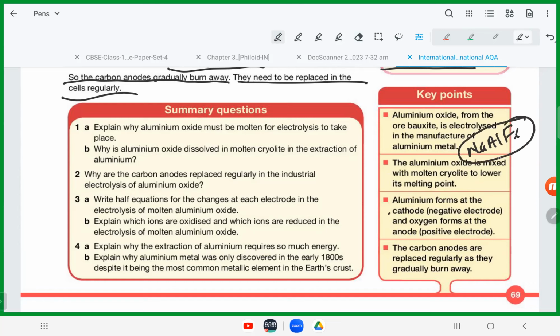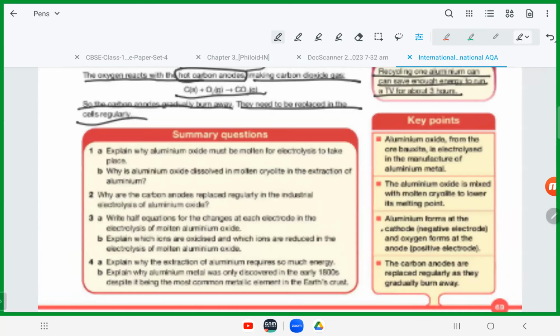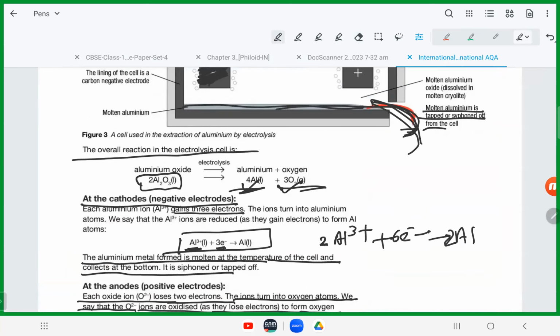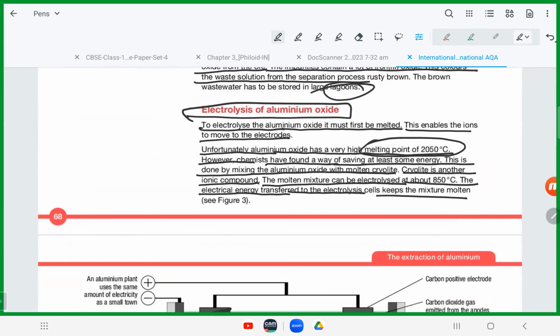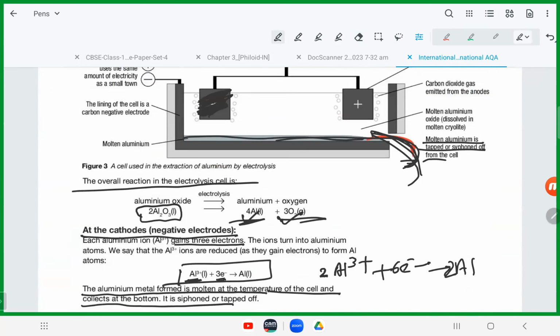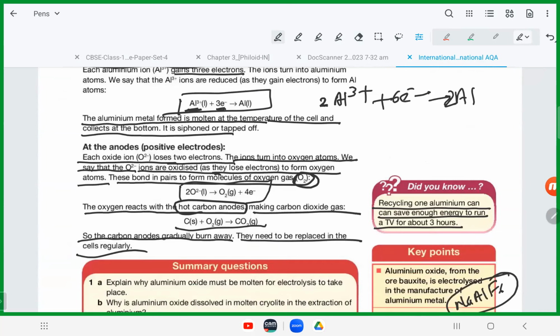This is called cryolite. It lowers the melting point of Al2O3. Why do we need to lower the melting point? Because the melting point is 2050 degrees Celsius, which is too large a temperature, so cryolite is used to lower the melting point.